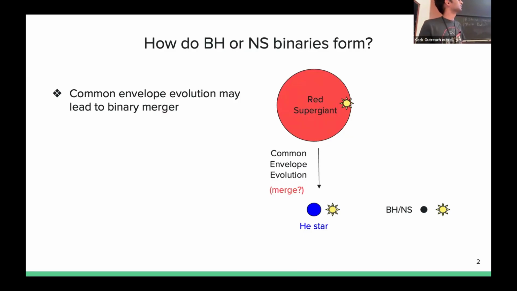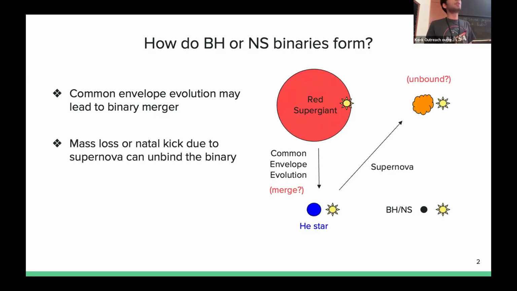But let's say that the lower mass star is successfully able to eject the envelope of the red supergiant, then what we end up with is the star orbiting a helium star in a tight orbit. Then, presumably, the helium star goes supernova. And this represents another hurdle for this model, because the resulting mass loss, or natal kick, can just unbind the binary altogether.